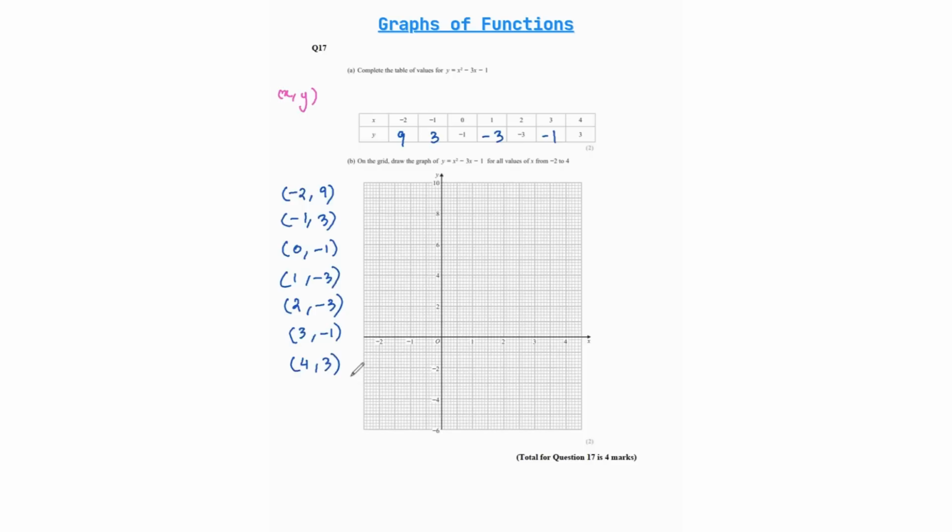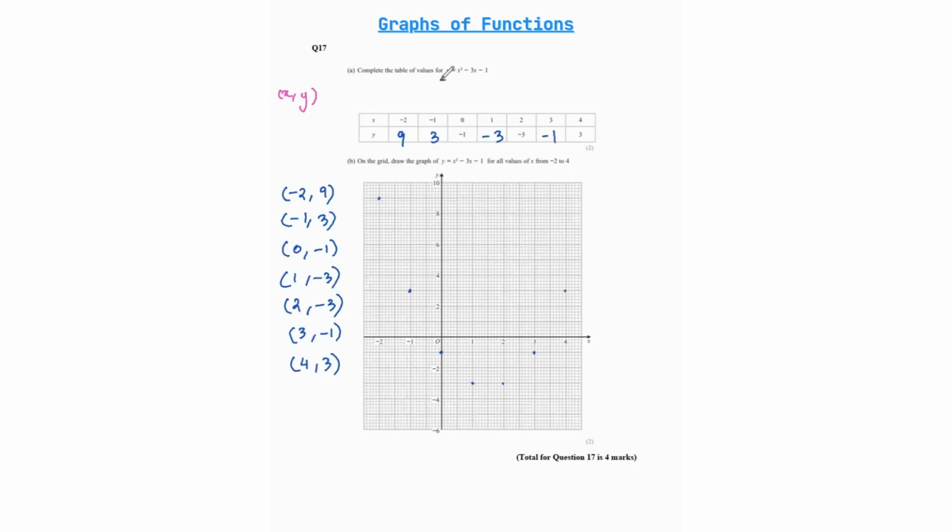These are your coordinates. Like I said, x first, then y. Now we start plotting these. -2 and 9, that's over here. -1 and 3, that's here. 0, -1 over here. 1, -3 is here. 2, -3 is over here. 3, -1 comes here. And 4 and 3 comes here.